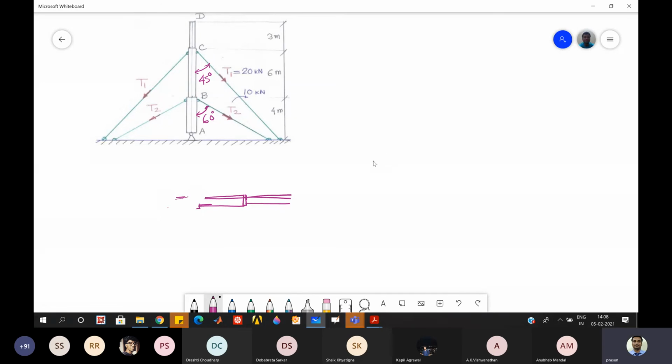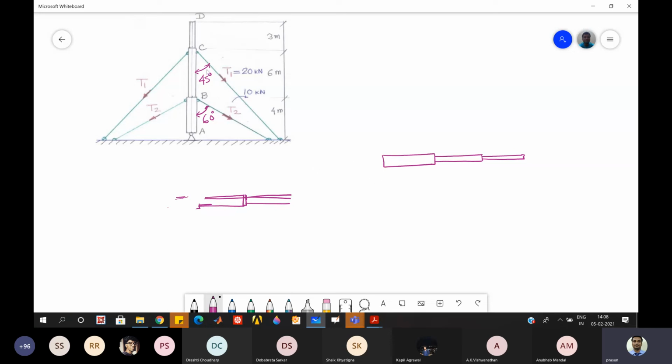I'll just draw it here because my last drawing was not good. So let us say this is your member. To draw the axial force diagram, you have to find the reactions and see what is the applied loading in the axial direction.